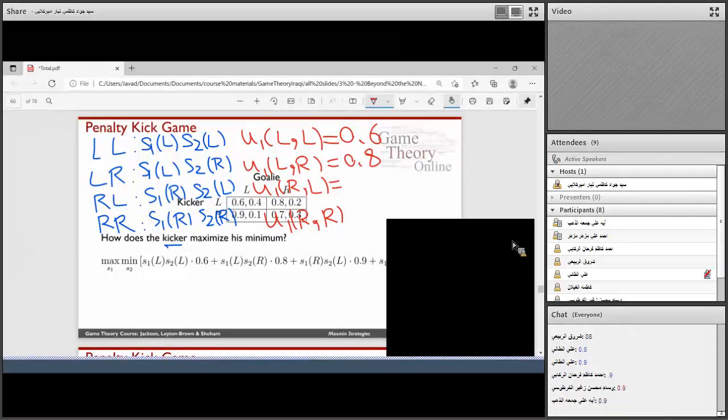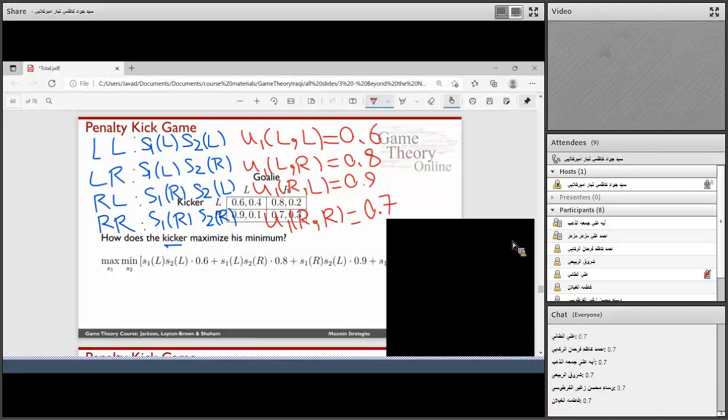Yes, 0.9. You're becoming fast, guys. Everybody, good job. Now, how about when both players go to right? Yes, the utility for user 1 is 0.7.